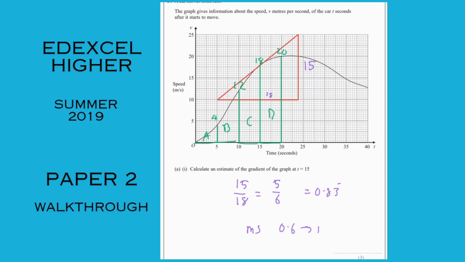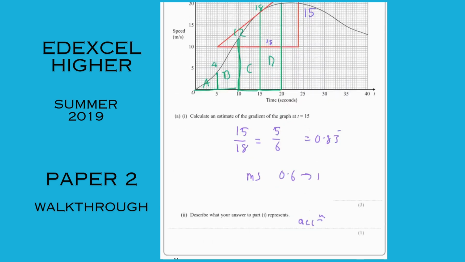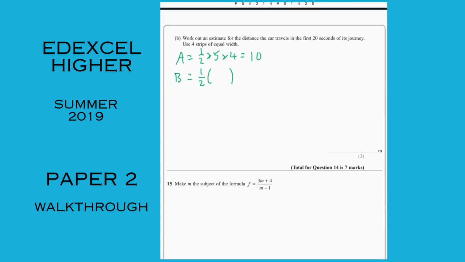I'll only do this for B. I won't waffle through and repeat for C and D. That's the height of 4 and the height of 12. So the C will have heights of 12 and 18 and so on. So it's 4 plus 12 added together times the width between them is always 5.